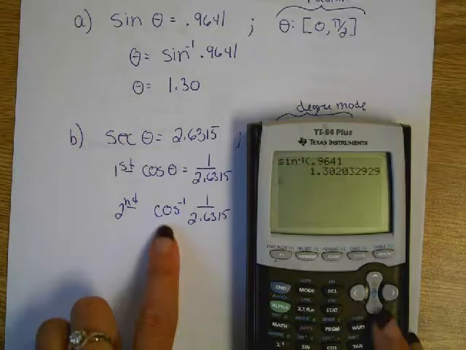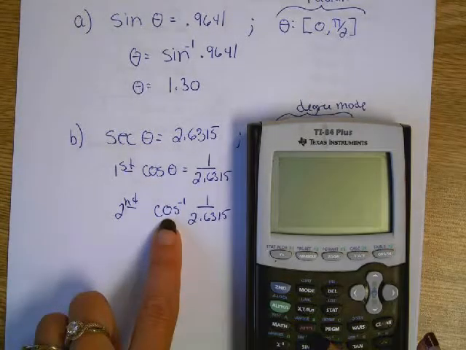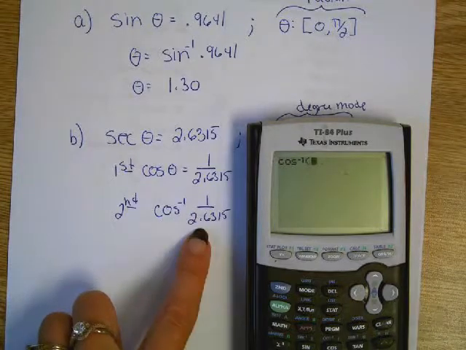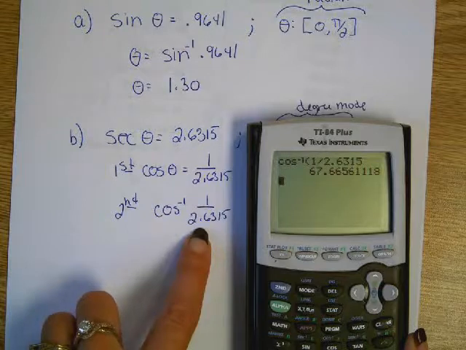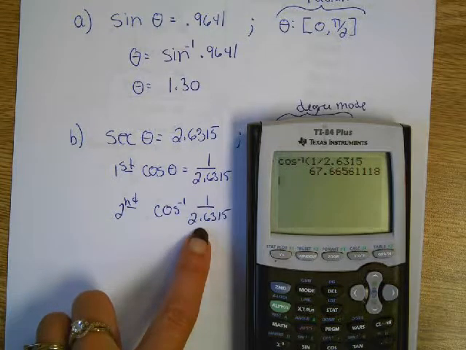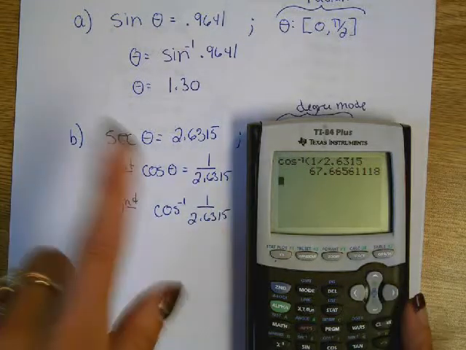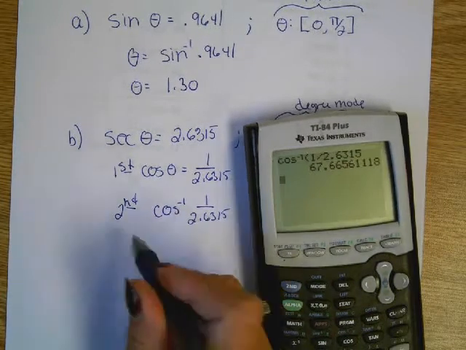So, here we are. Inverse cosine, 1 divided by 2.6315. So a 66.67 degree angle. If it wants degrees and minutes, we can convert to degrees and minutes. Whatever form they ask. I think I'm going to ask for 2 decimal places.